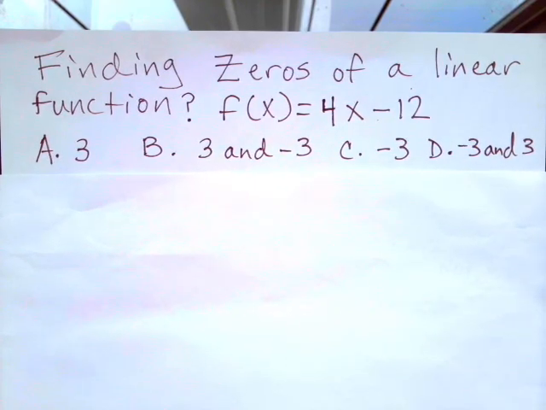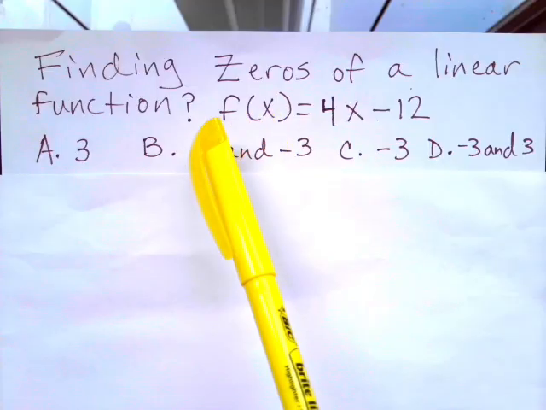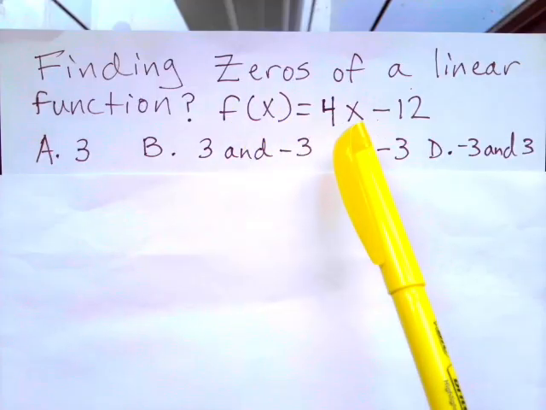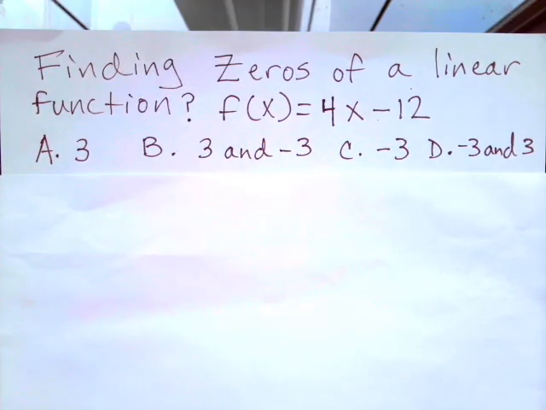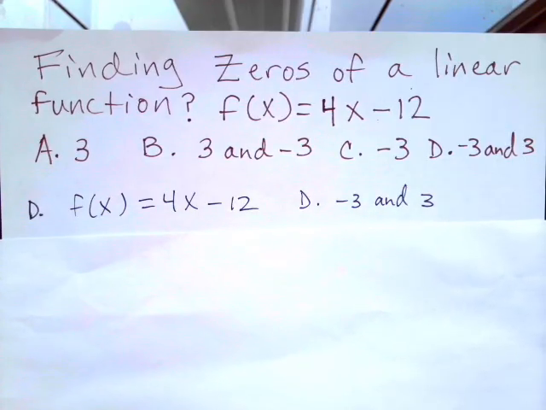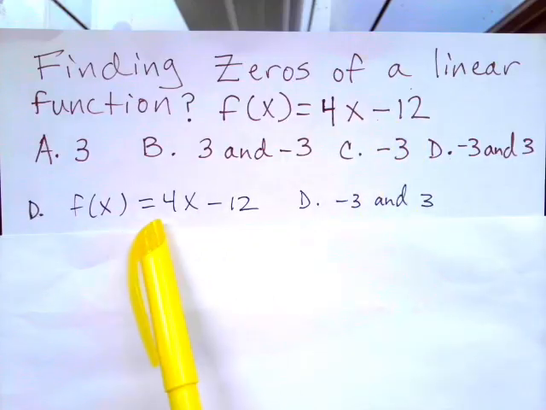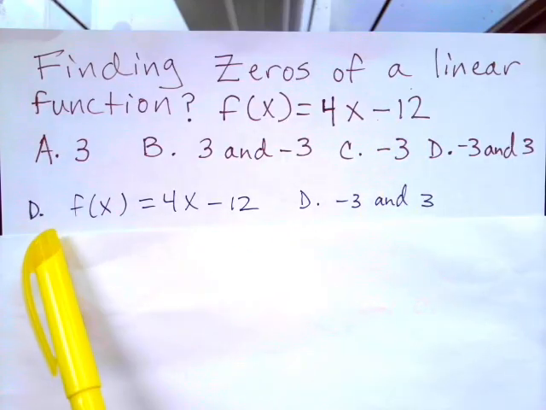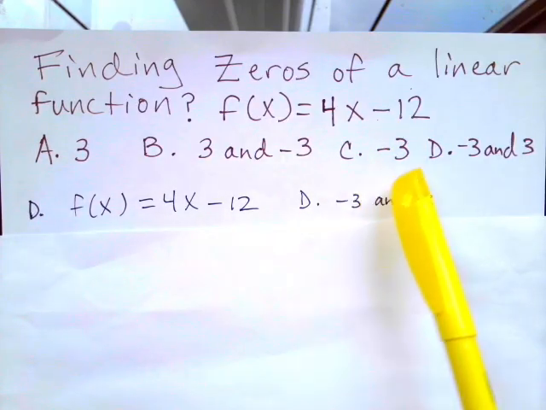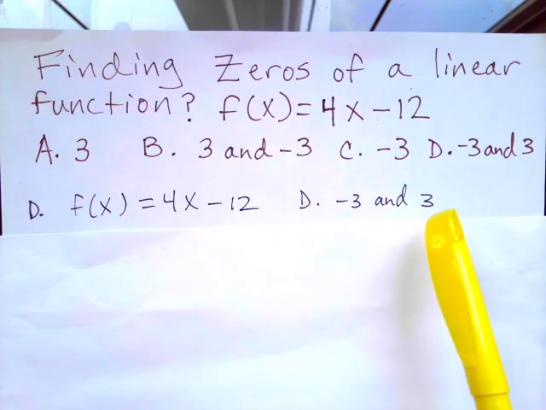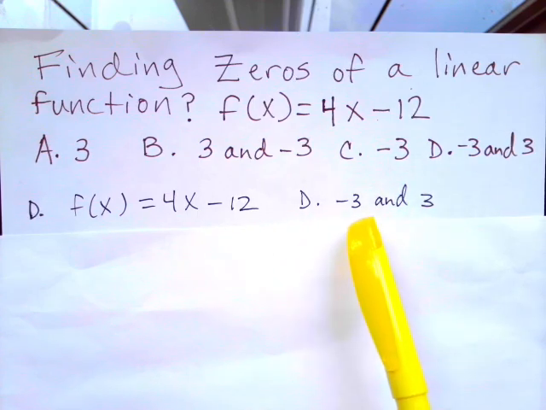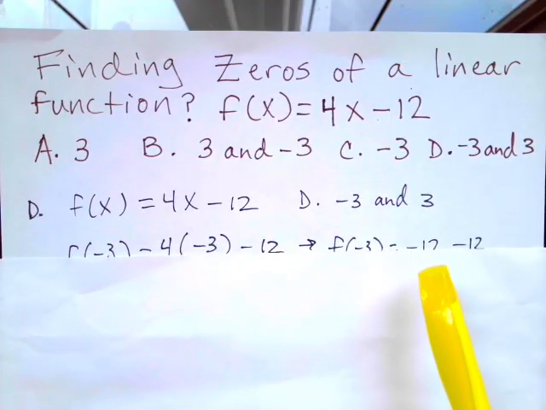I'm going to show you each option, and then I'm also going to show you the way you find an answer if you set f of x equal to 0 and solve for x. Let's just jump right on into it. We have f of x equals 4x minus 12. This is option D, where we have negative 3 and a positive 3. I'm going to start by substituting the negative 3 for x.